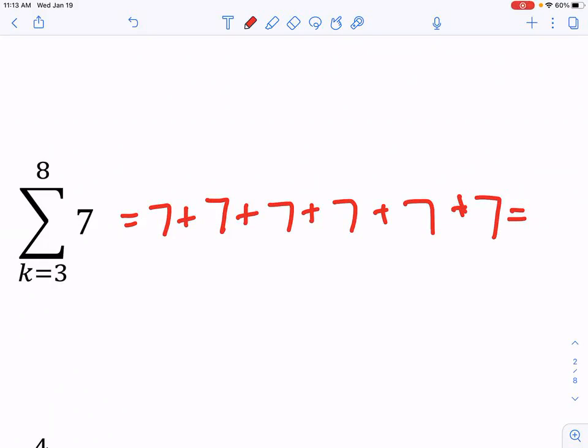We start at 3, we end at 8. Yes. Repeated addition is multiplication. So yes. 42.